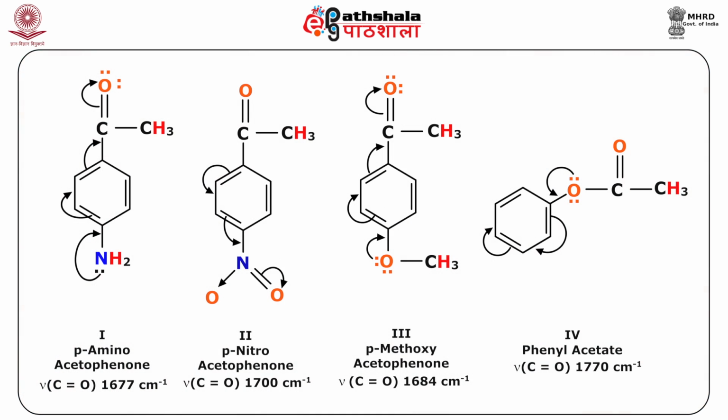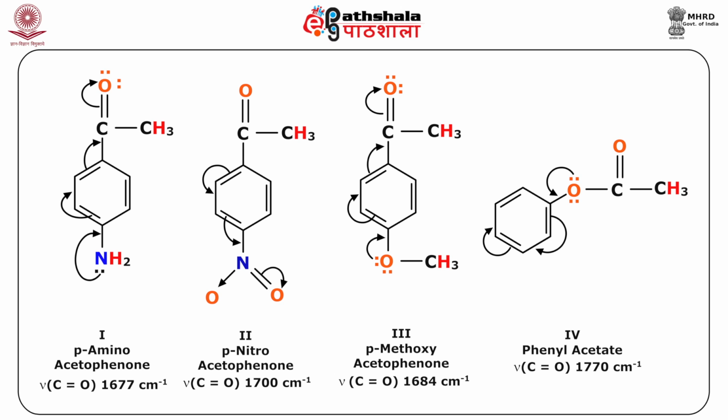This is clearly shown in the figure with 4 examples of para-substitution, but with different heteroatoms, and you can see the values. Due to low electronegativity of nitrogen atom, the lone pair of electron participates more in conjugation in compound 1, as you can see, as compared to that in compound 3.